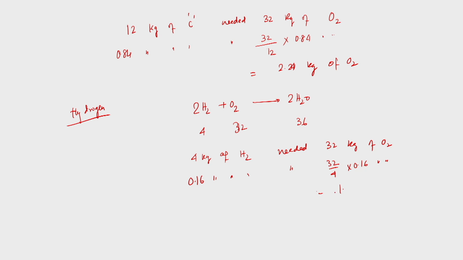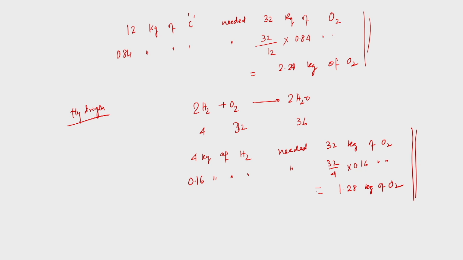Therefore it comes out to 1.28 kg of oxygen. So we have obtained the amount of oxygen required for the conversion of all the carbon atoms and hydrogen atoms into CO2 and H2O.